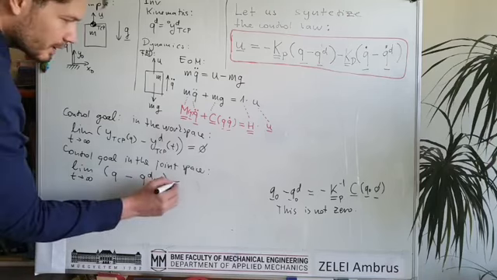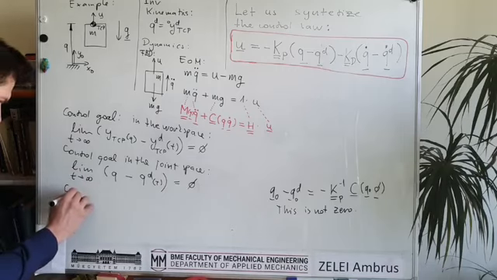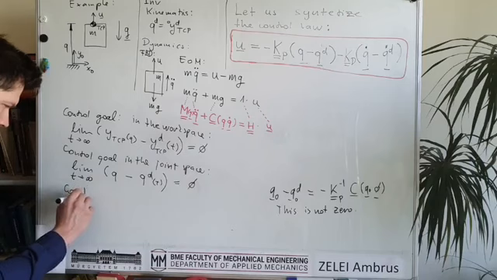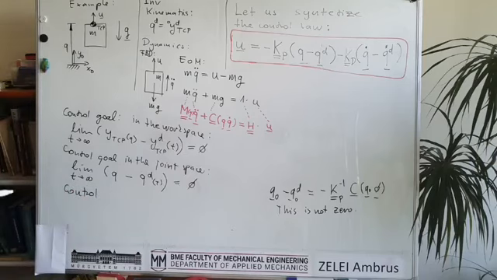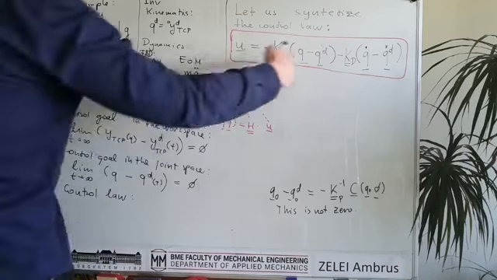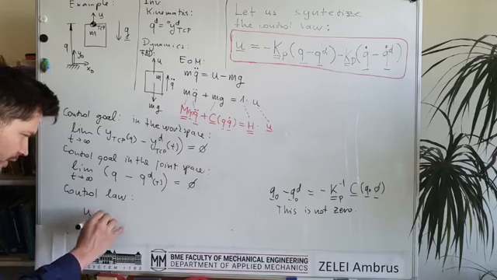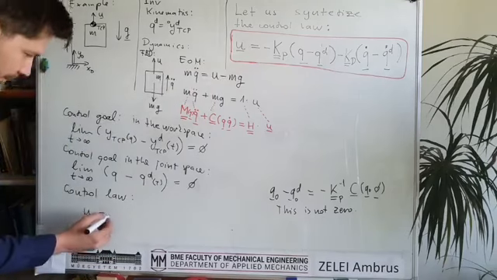And this should be equal to 0. So this is just a formal difference. And for the sake of this control goal, we just create a control law in this form, but now we have to apply it to our system, so everything will be much more simple.